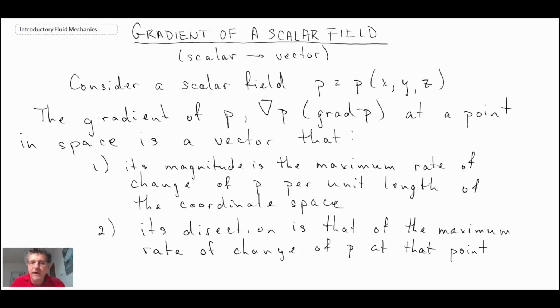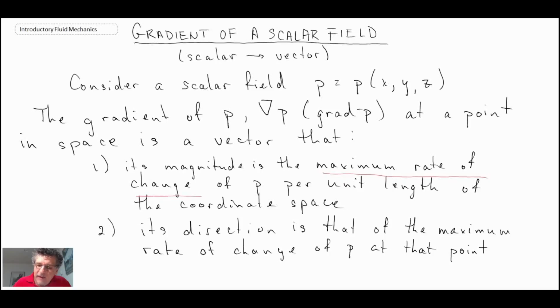Okay, and so if you take the gradient of this scalar field P, what we'll find is that the resultant, grad P, will become a vector, but the magnitude of that vector is the maximum rate of change of P per unit length in that coordinate space.